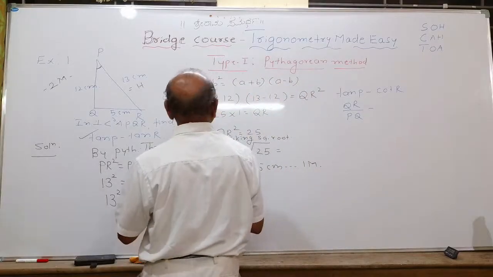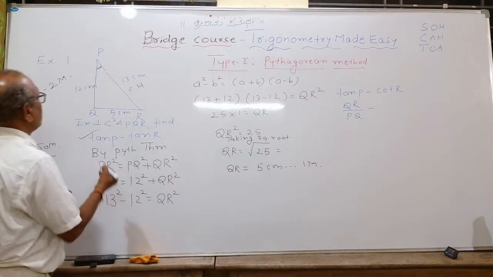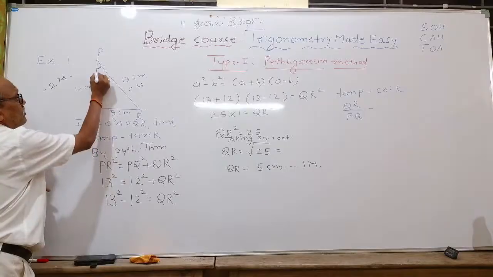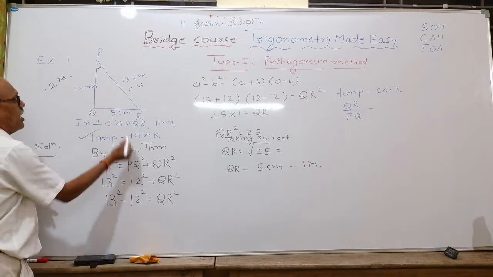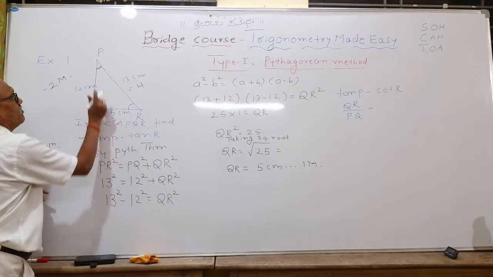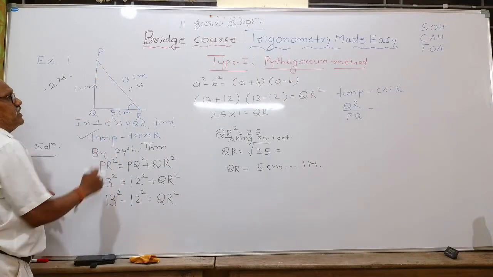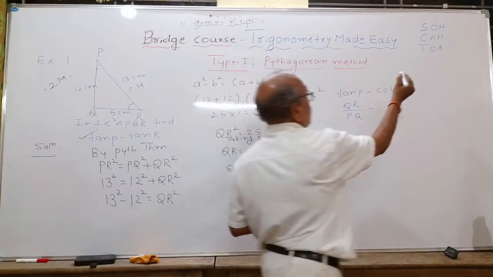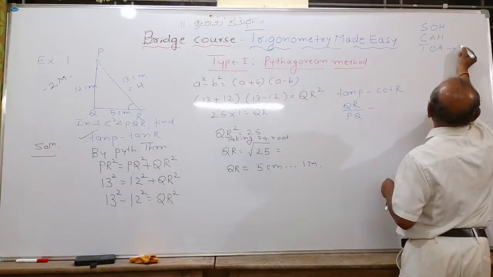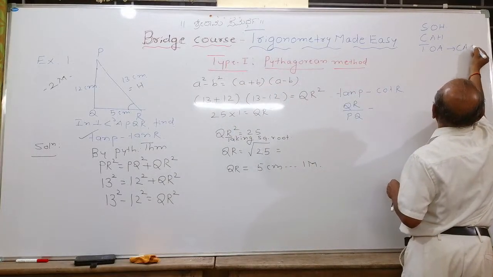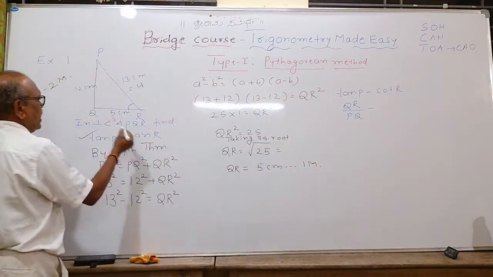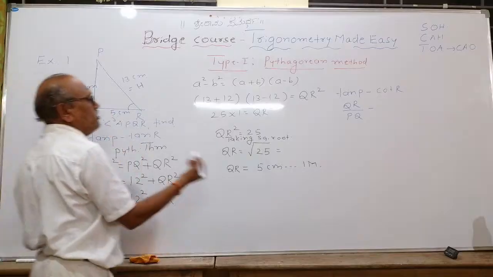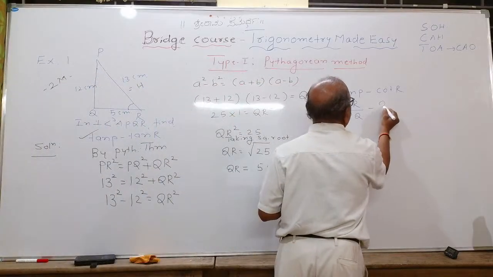Minus cot R. Observe here. With respect to R, what is opposite? Opposite is QR, with respect to P. Cot R is here. What is the definition of cot? Cot is the reciprocal of tan. Cot is equal to adjacent upon opposite, which again comes out to be QR upon PQ. Automatically it gets cancelled.